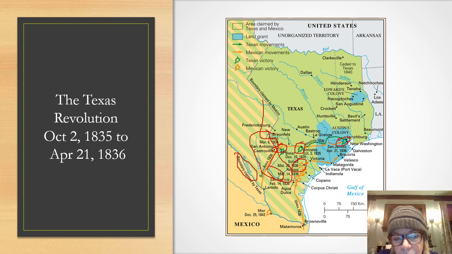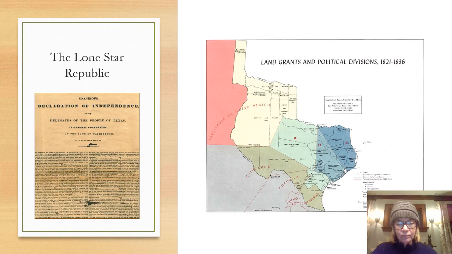This is what the people of Mexico believe is the boundary. So that is in dispute. I went through all of this because this is going to be something that leads to the war between the United States and Mexico, not Texas, the Lone Star Republic. It's an independent country at this point.